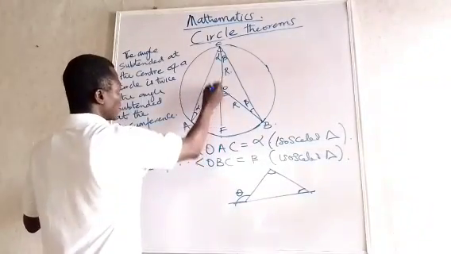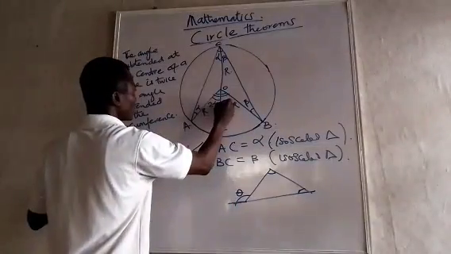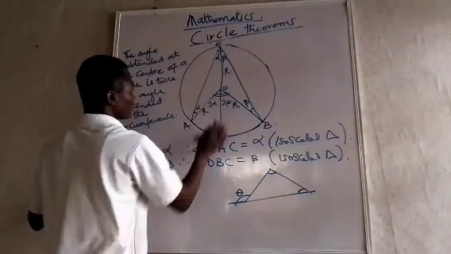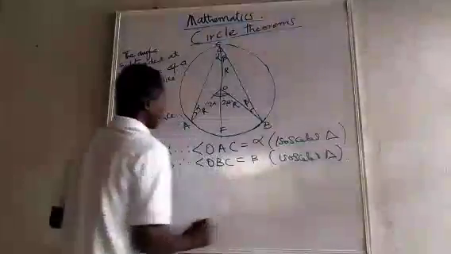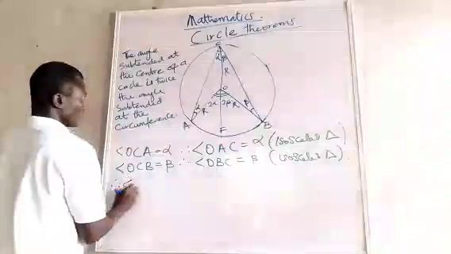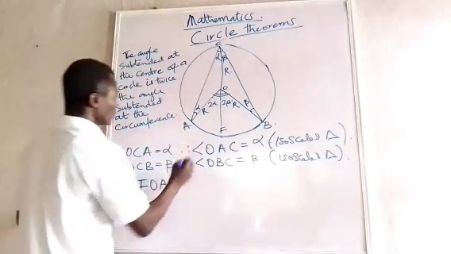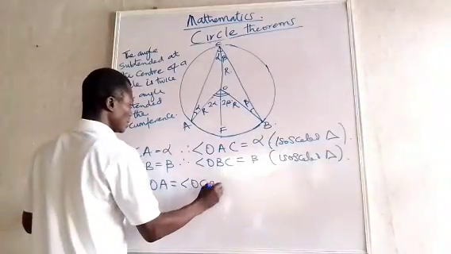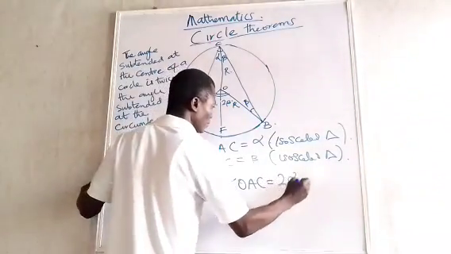this place here now, we can say this place is equal to 2 alpha. And this place is 2 beta. You can see now. Therefore, angle FOA is equal to angle OCA plus angle OAC, which is equal to 2 alpha.